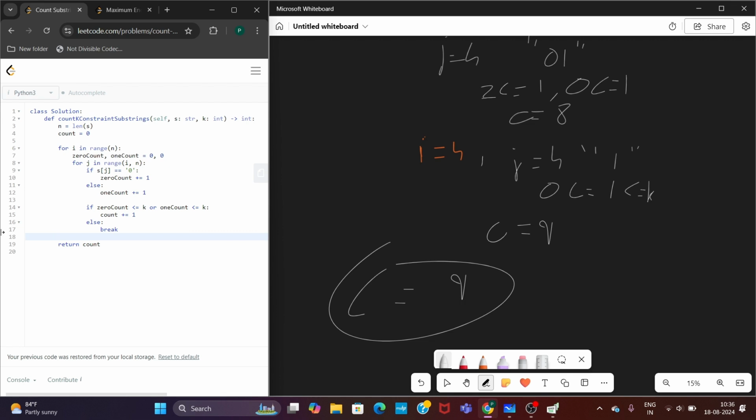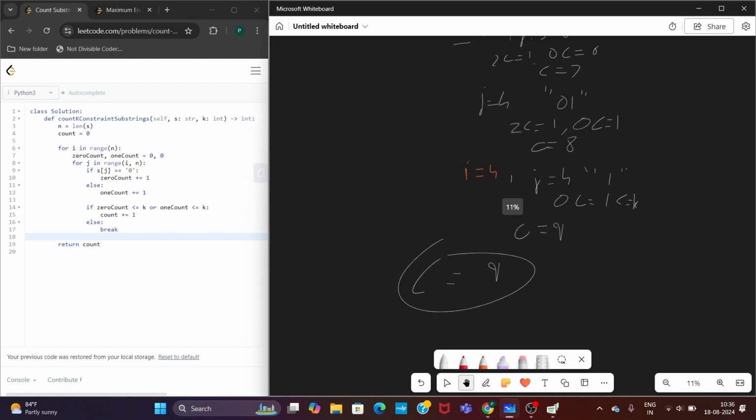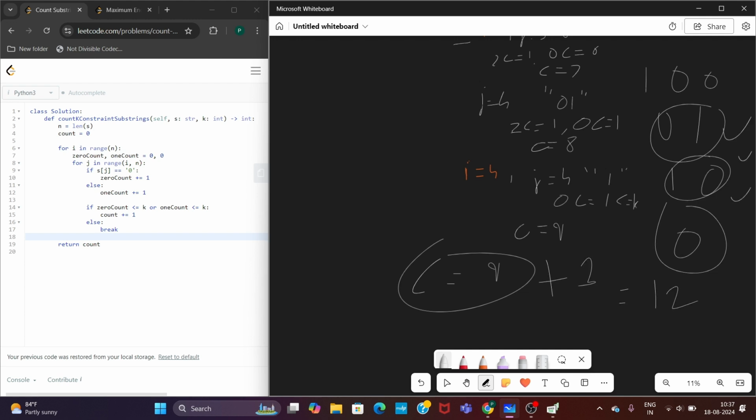Okay, so our final result over here will also include two variables which we have missed, which is 1000110 and 0 over here. So these four variables we have to consider. So this 3 will be considered, which is 9 plus 3, which is 12.